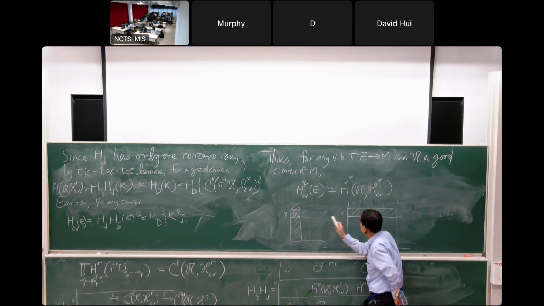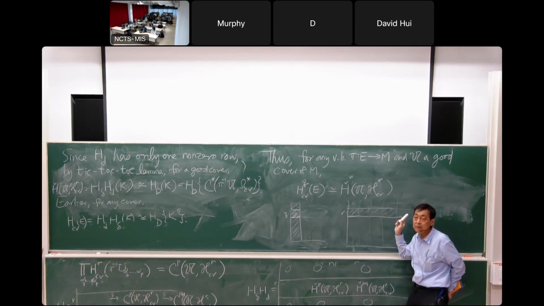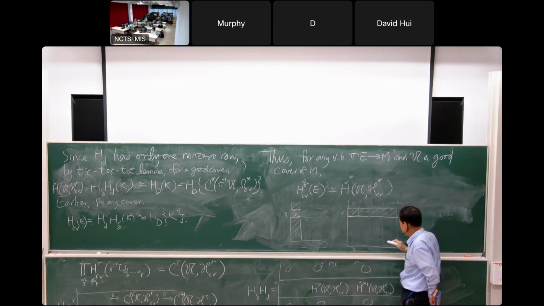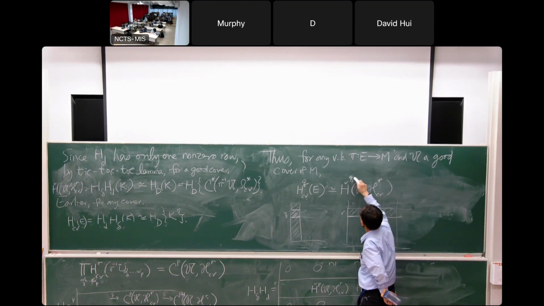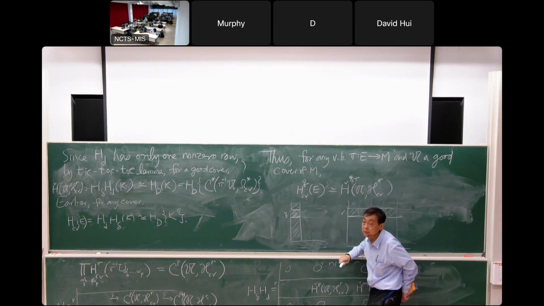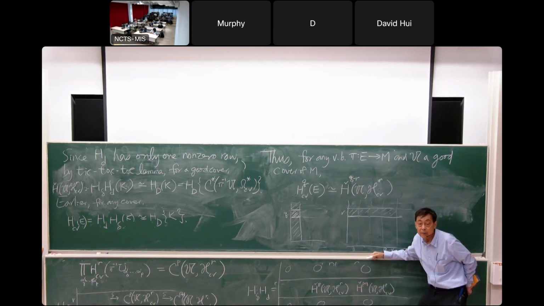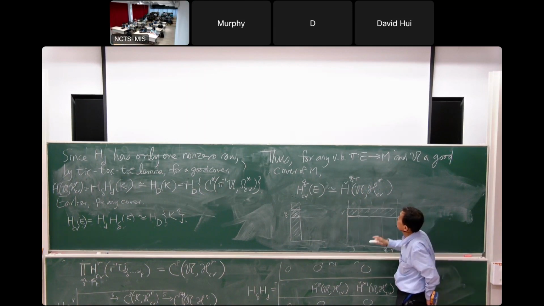Which box does it correspond to? It has to come from p equal to Q minus R, so that the total degree corresponds. Okay? So this is what we have.